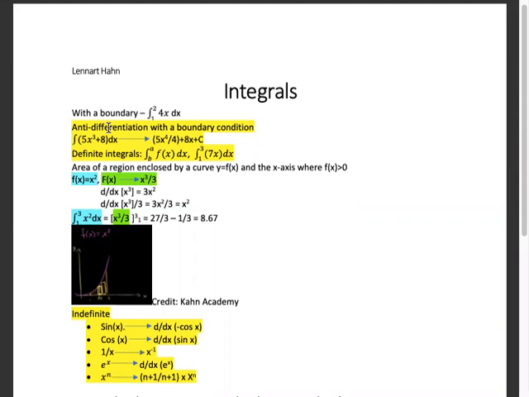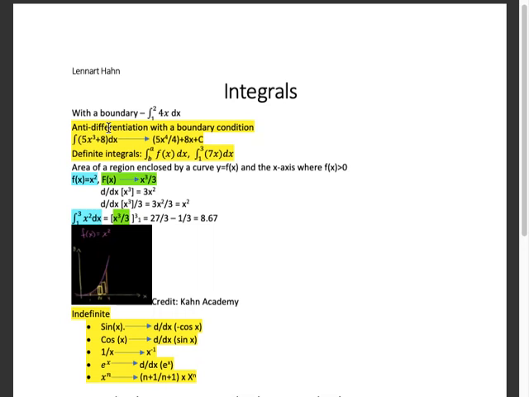Since the beginning is fairly simple. Okay, so integrals. There are different kinds of integrals. The first one is arguably the simplest one to understand. It's an integral with a boundary.